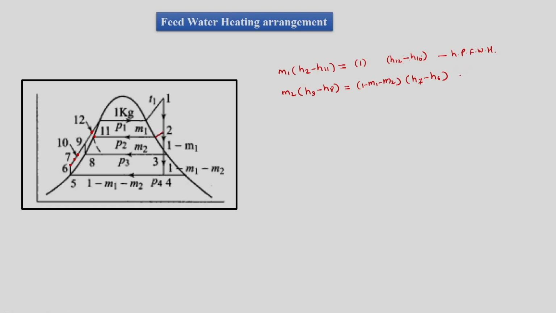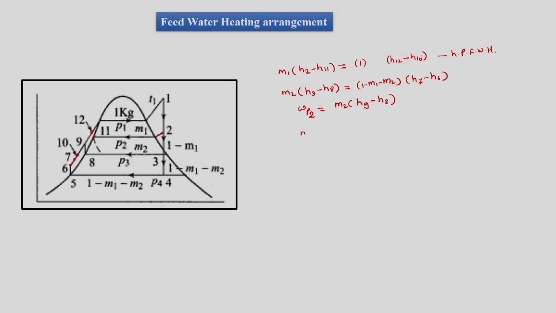The work of the low pressure feed water heater is not done. Then there is a drain pump, which is WP2. It is pumping mass M2 from low pressure to high pressure, raising the enthalpy from 8 to 9.